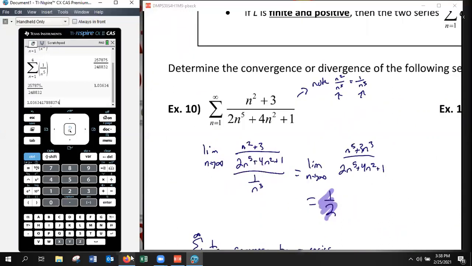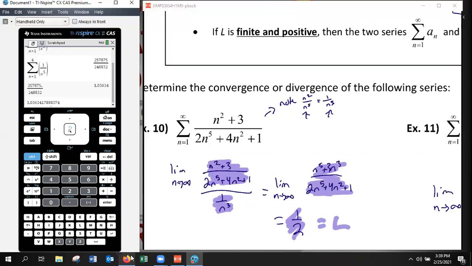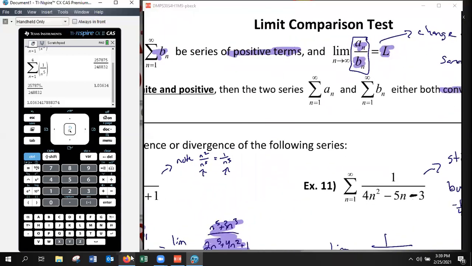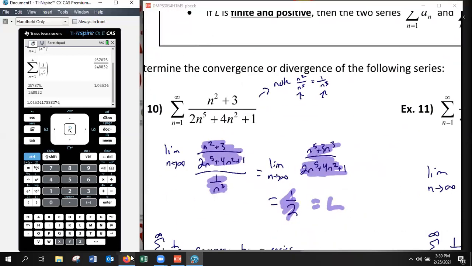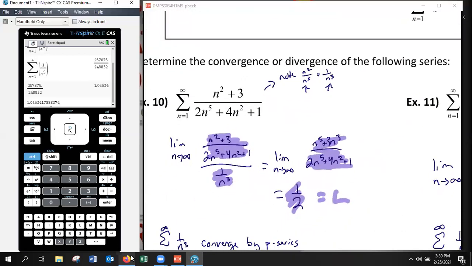So with this 1 over n cubed, I will take the ratio of the series that we have to the 1 over n cubed, find that limit, multiplied by the reciprocal, and that limit ends up being 1/2. This 1/2 is a finite positive number. Actually, just a finite number. Doesn't necessarily have to be positive, though it will be in most cases.